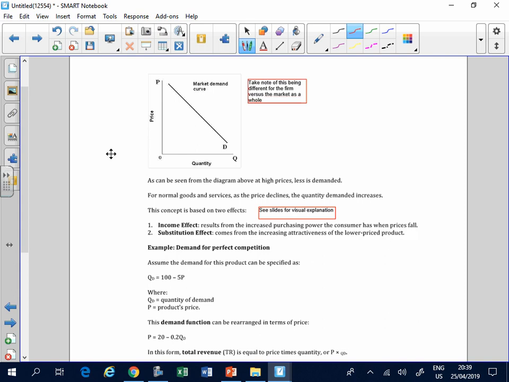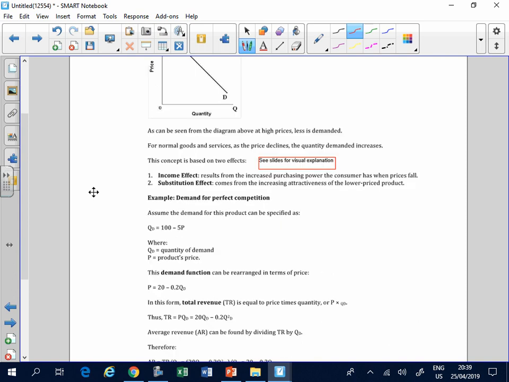Now I'm showing you that it's downward sloping. The note there says that even though an individual firm has a perfectly horizontal line, they are a price taker. In aggregate, the law of demand still applies, and that's why you see that downward slope, because it's for the market.